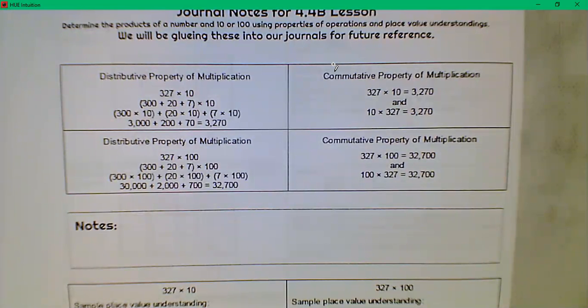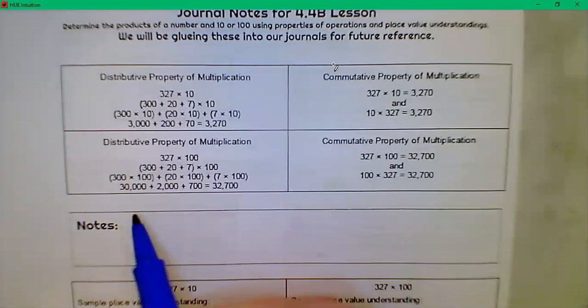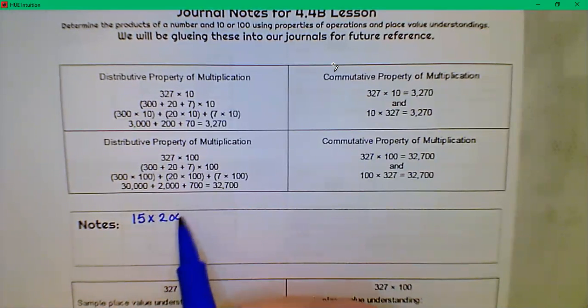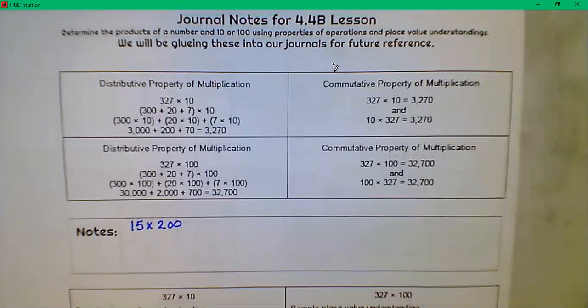Okay? Now, here's a new note for you. That doesn't change if the number in front of those 2 zeros changes. For example, if I have 15 times 200, I still have the basic property of those 10 and 100 products. There are 2 zeros at the back end of the number 200.